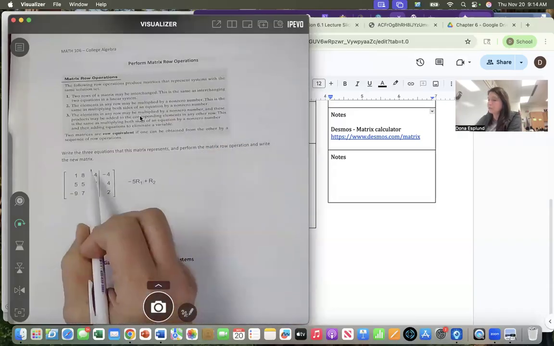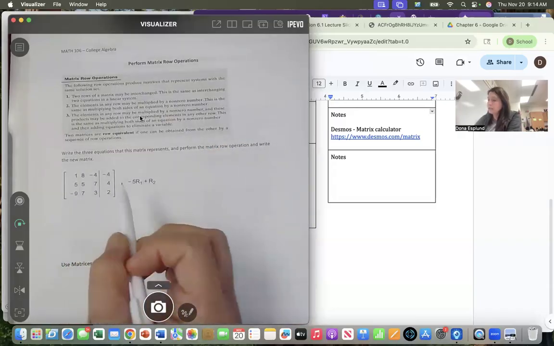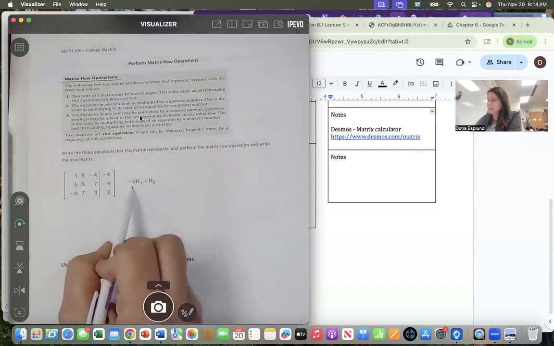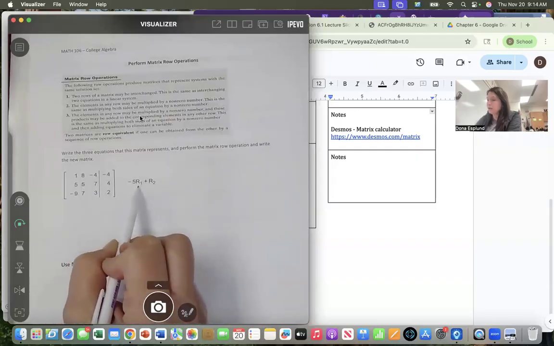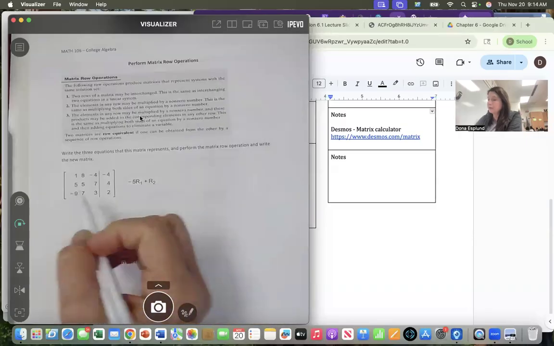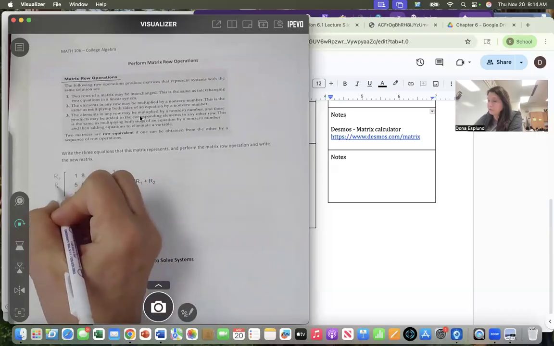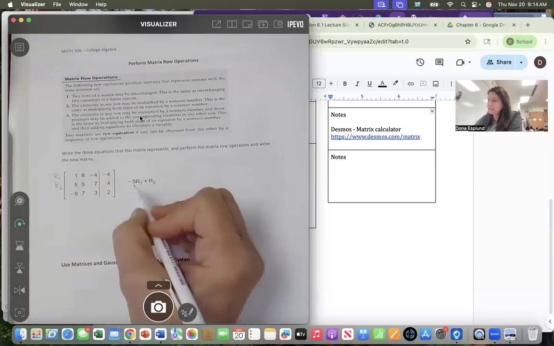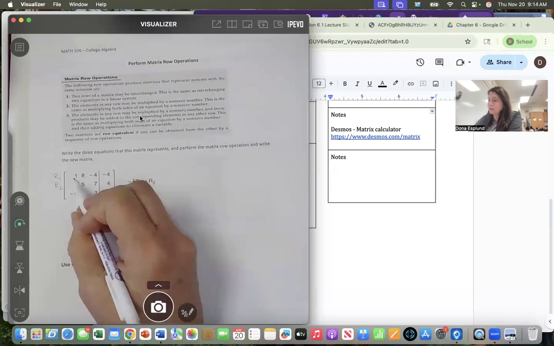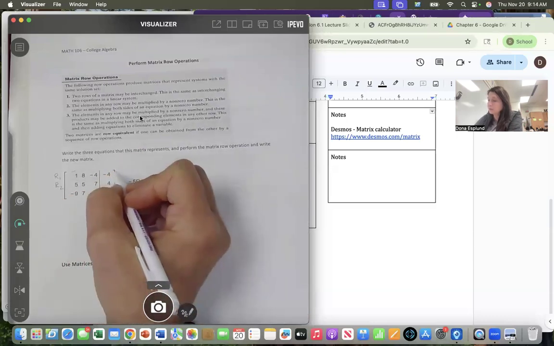For instance, on this one, it says take -5 times R1 and then add it to R2. That's representing row 1, which would be over here, and row 2 would be the second one. So if I take -5 times R1, I'm just going to multiply it times this row.